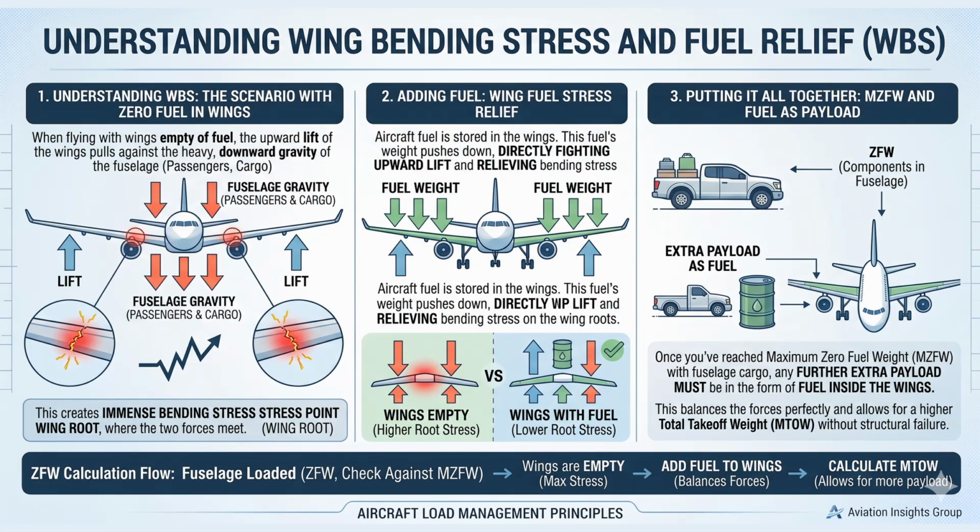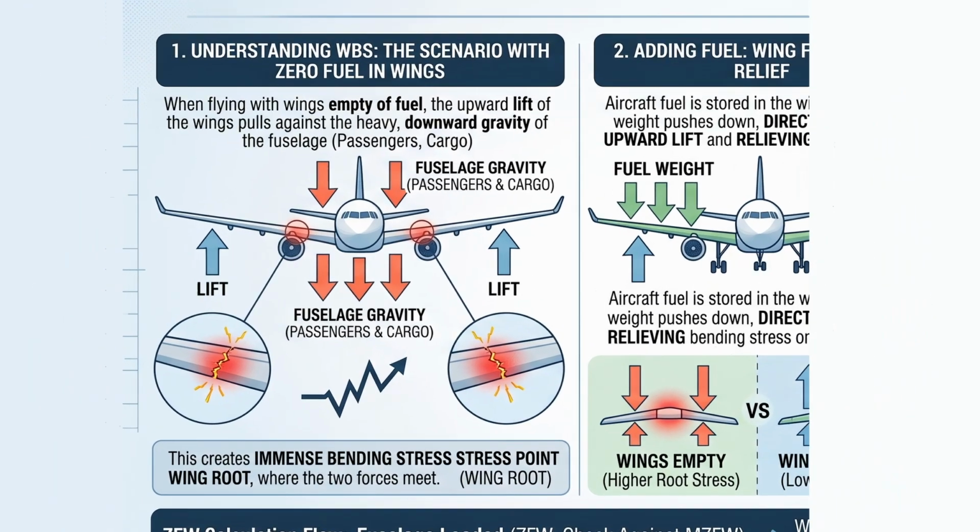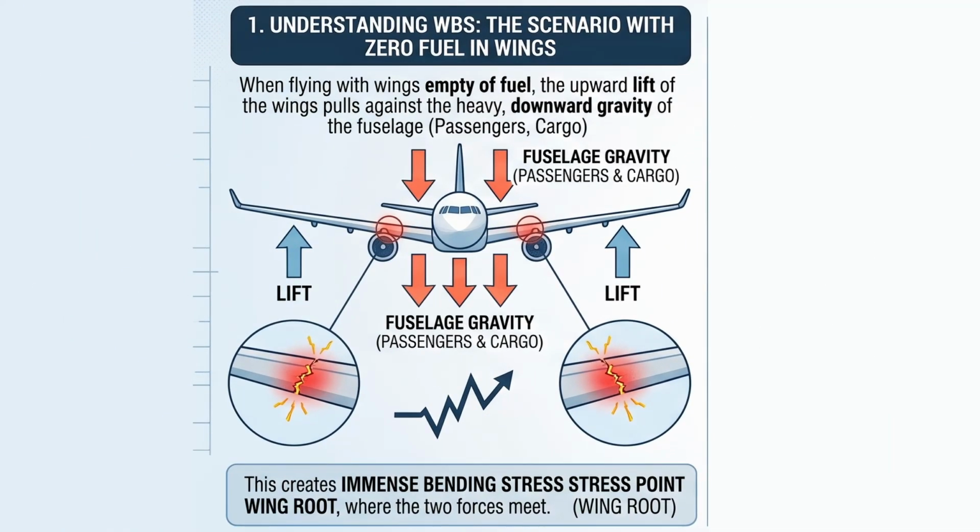But why does this limit exist? Why can't we pack the cabin full of extra cargo if our total weight is still under the maximum allowed takeoff limit? It all comes down to an engineering concept called wing bending relief. When an airplane flies, the wings are creating lift, pulling upward. Meanwhile, that heavy fuselage, full of passengers and cargo, is pulling straight downwards due to gravity.